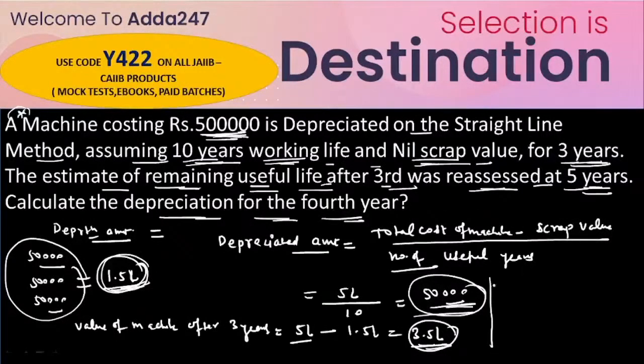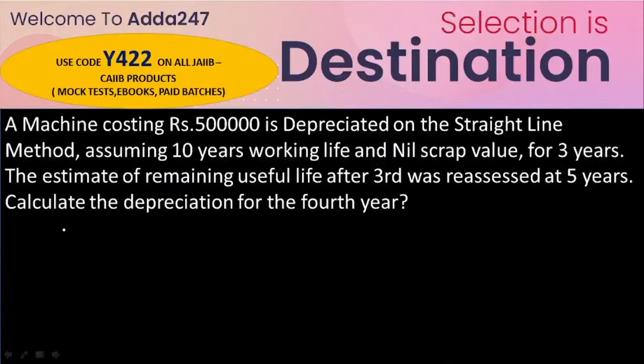Depreciation, like remaining useful life according to the previous estimate, was 7 years, if we count 10 years as the useful life. Look here, what I'm going to say: the value of the machine after 3 years.